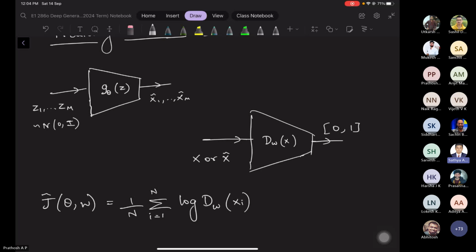Usually you draw a different trapezium for G theta of Z. It should be expanding, not narrowing. Oh, sorry. Correct, because the dimensionality of Z is much lesser than that of X. Thank you. That's my mistake.